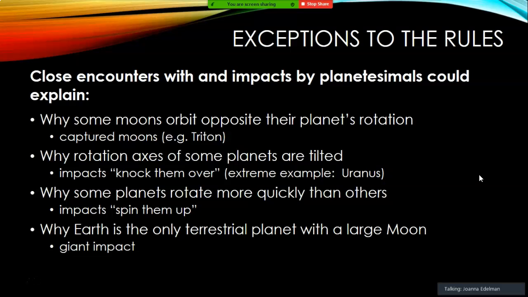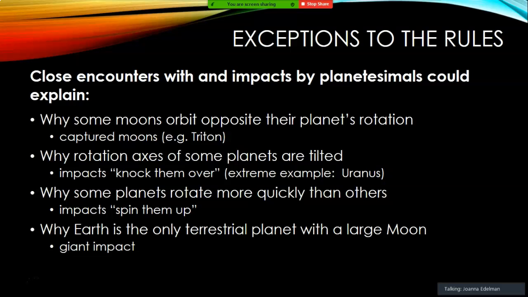We have some planets, for example Uranus, that's really tilted on its axis. Earth's tilt is 23.5 degrees. Uranus is almost at 90 degrees, which means its axis is pretty much lying on its side, if you could imagine it, and the planet is spinning in that direction. That is most likely because of a giant impact with another object that knocked it over to its side.